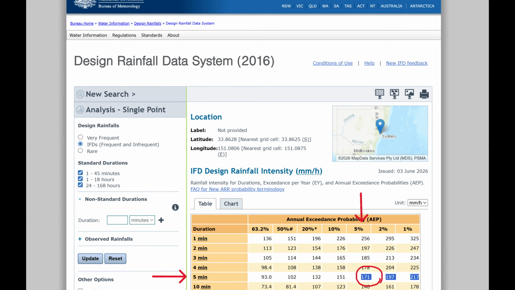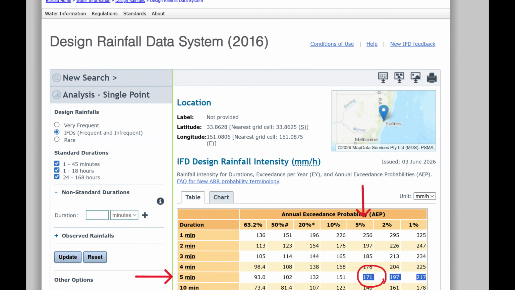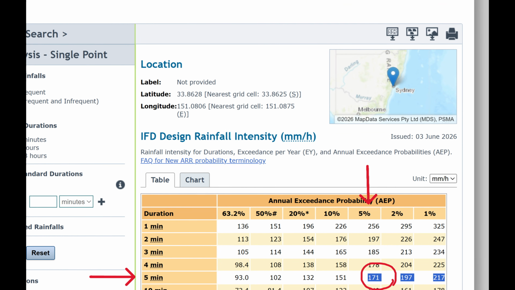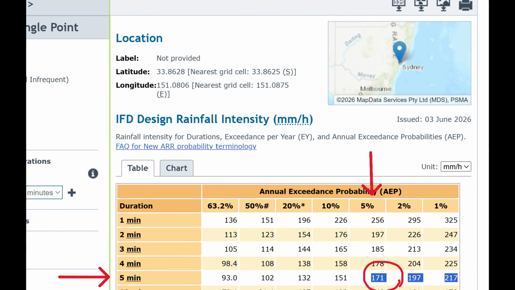So what they decided on was to design on an AEP, which is an annual exceedance probability of 5% and a 5-minute duration, which means that in any 5-minute duration, anytime during the year, there's a 5% chance that this amount of rainfall will be exceeded.